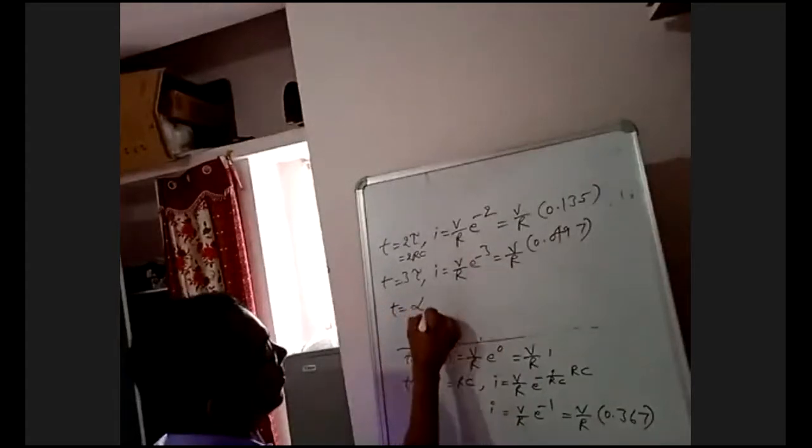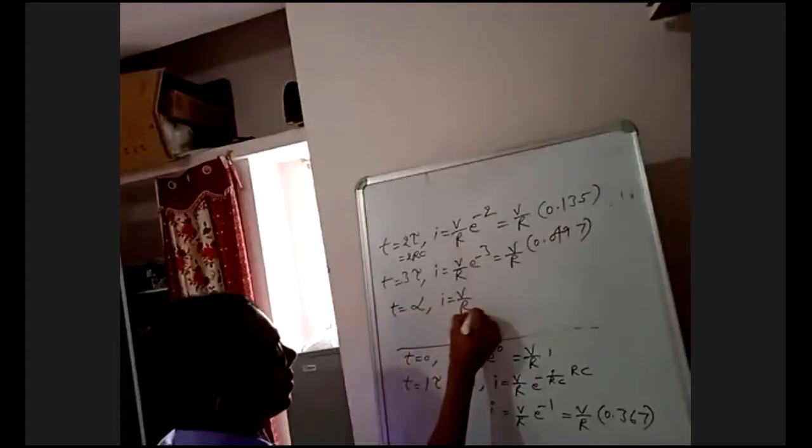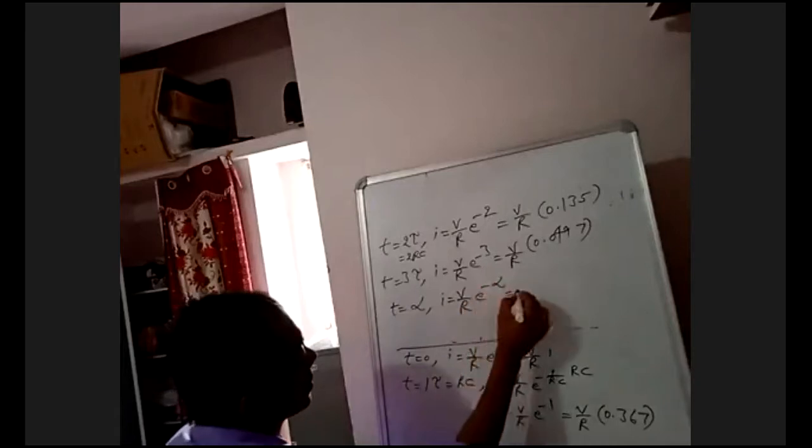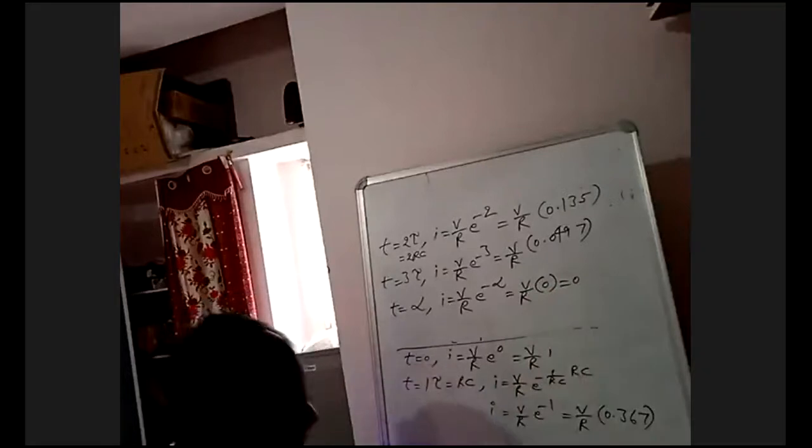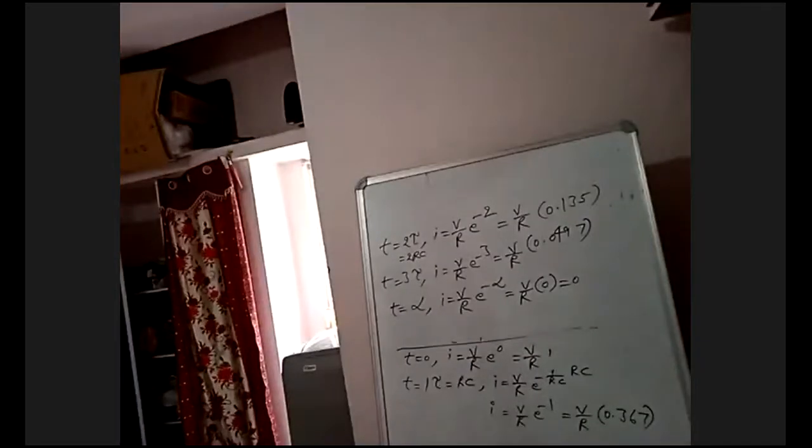Okay. T is equal to infinity: we'll get 0. At t is equal to infinity, we are getting 0.